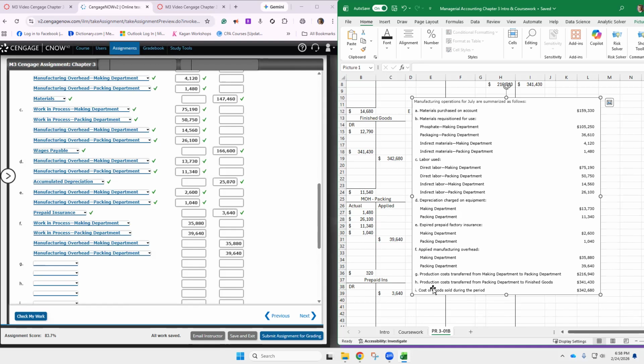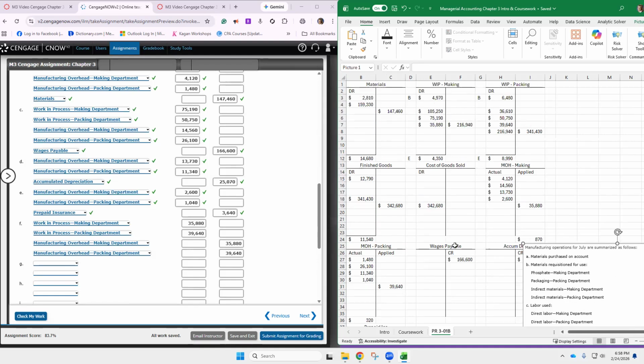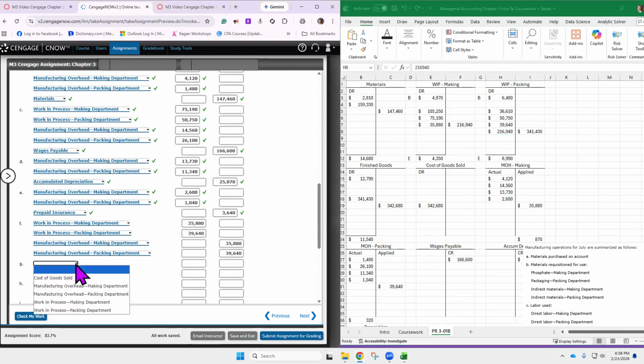Okay, now we are production costs transferred from making department to packing department, 216,940. Okay, so 216,940 is coming out of whip making and into whip packing. So we want to pick work in process packing.